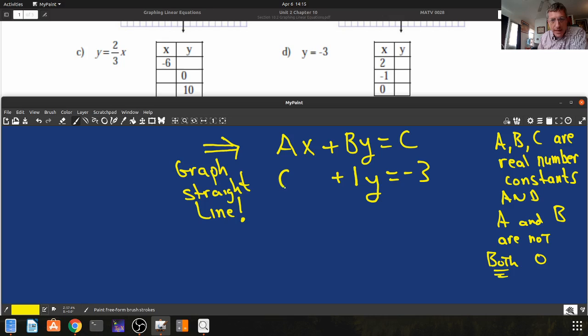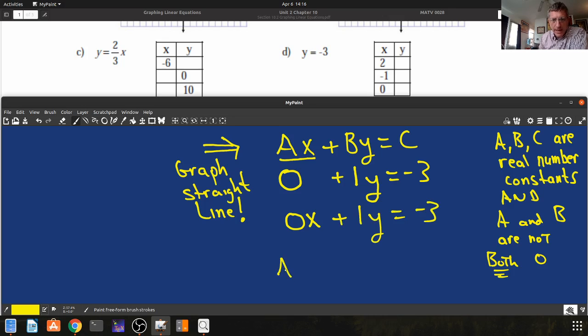So it has to be 0 because this term here has to be 0 because there is no x up here. So that's the same as 0. If I want to literally force an x in there, 0x plus 1y is equal to minus 3.